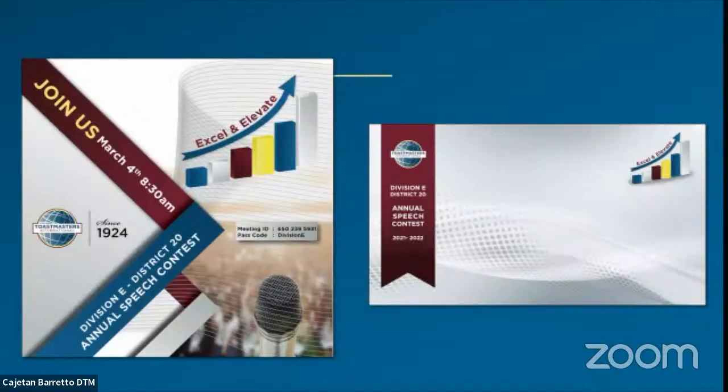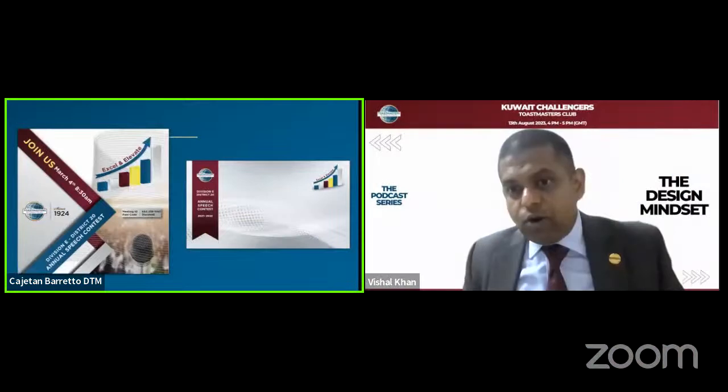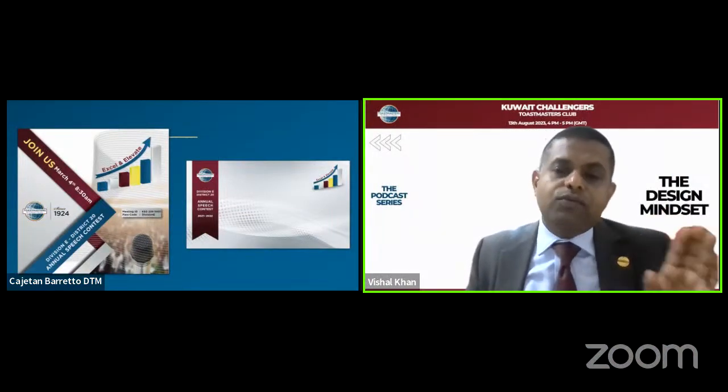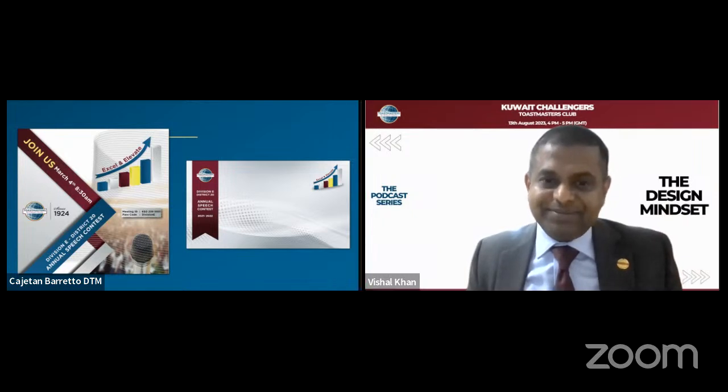The gray background, and then you have the small logo, Excel and Elevate. That same logo has been used. The banner on the right side, which is the burgundy color, was also used for the flyer. And this is how the rhythm is created.